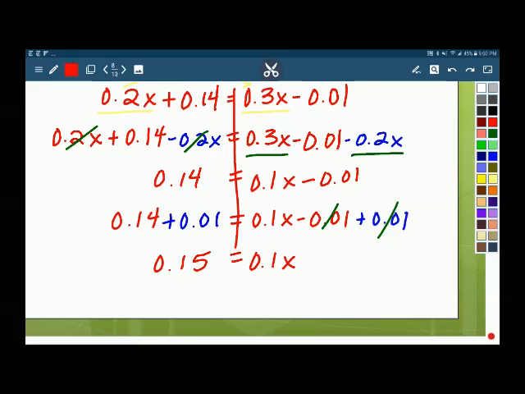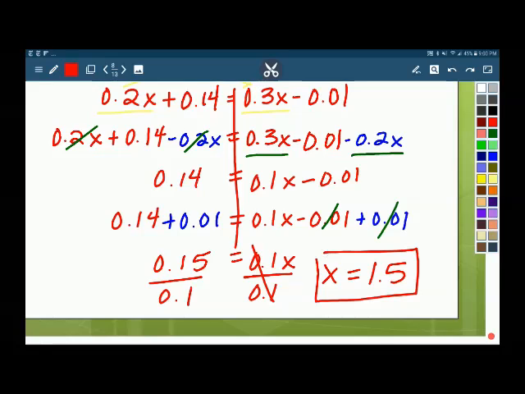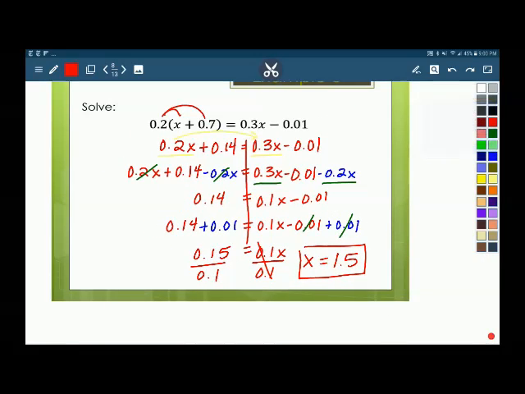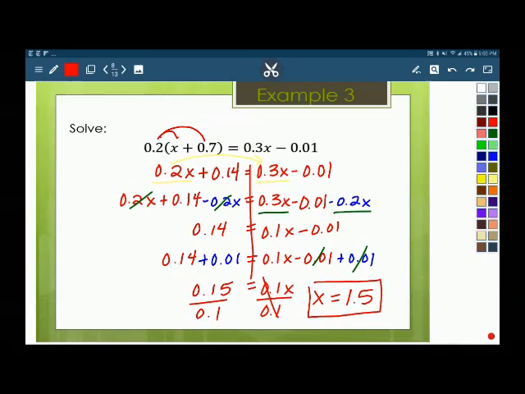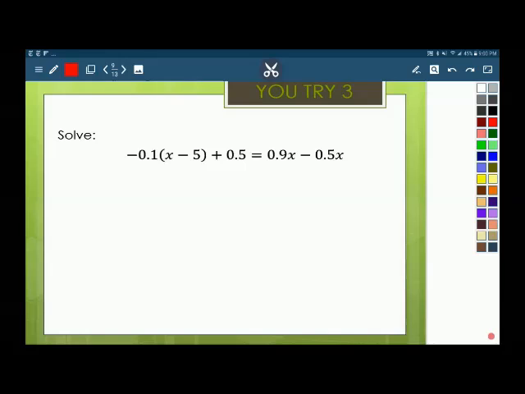And then my very last step is to divide by 0.1. Okay, so if you type that in your calculator, 0.15 divided by 0.1, you should be getting 1.5 for your x. Which again, since our equation started with decimals, I like that my answer is either a whole number or a decimal. You don't have to write it as a fraction. So why don't you guys give this a try in your third U-Try?